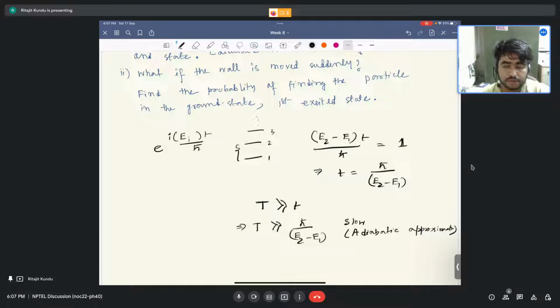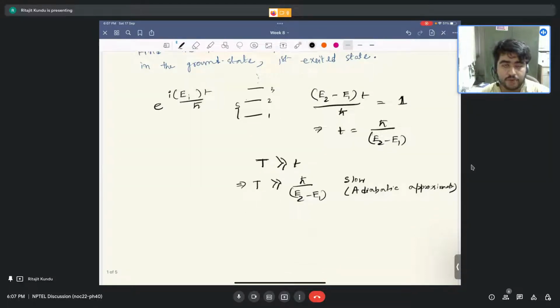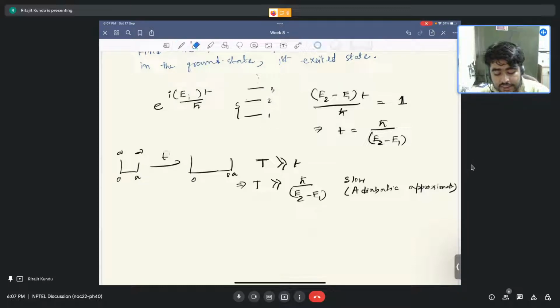Just to qualitatively understand what is happening: if the way we are shifting the walls satisfies this condition, initially the walls were between 0 and a, and after time T the walls are now at 0 and 8a. This T is much larger than this time scale, so that the transition can happen. This is the meaning of slowness.